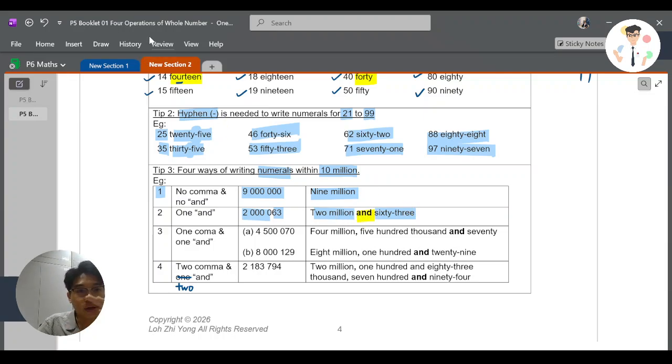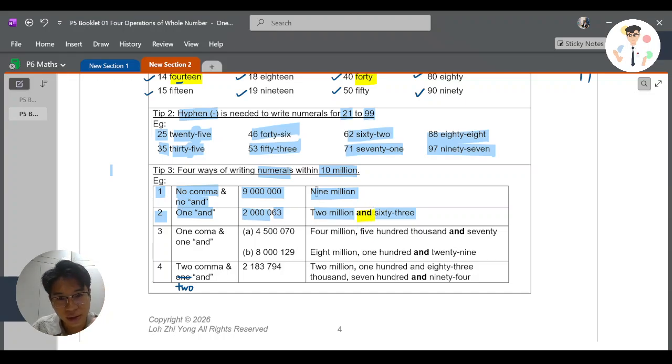So you can see the difference, right? The number 1 and number 2. Number 1, there is no comma, there's no word "and", because I need just 9 million. But the second one, I will need a connector, by putting the word "and", as you can see here. Okay, number 1, number 2, simple.